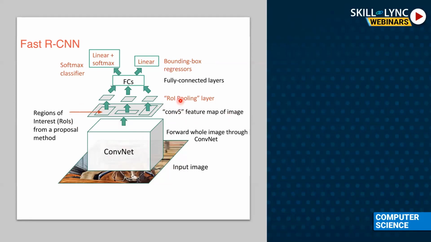In this feature map we are extracting regions of interest and feeding them to FC, which is fully connected layers, which is our convolution neural network. Instead of feeding it to support vector machines and the regression that we did in the previous slide in R-CNN, here we send it to a softmax classifier.